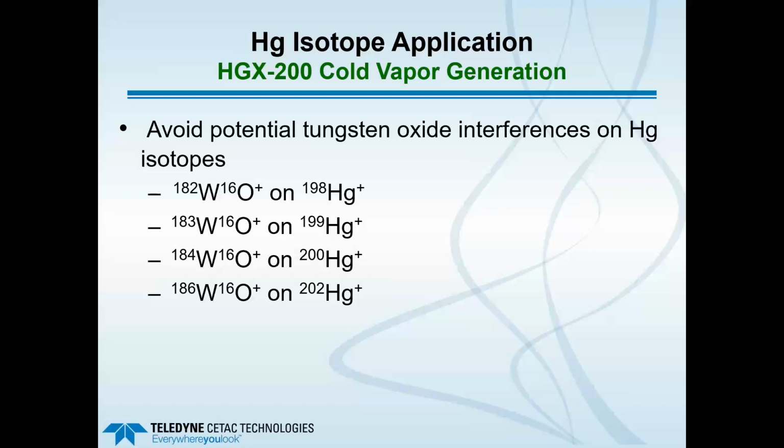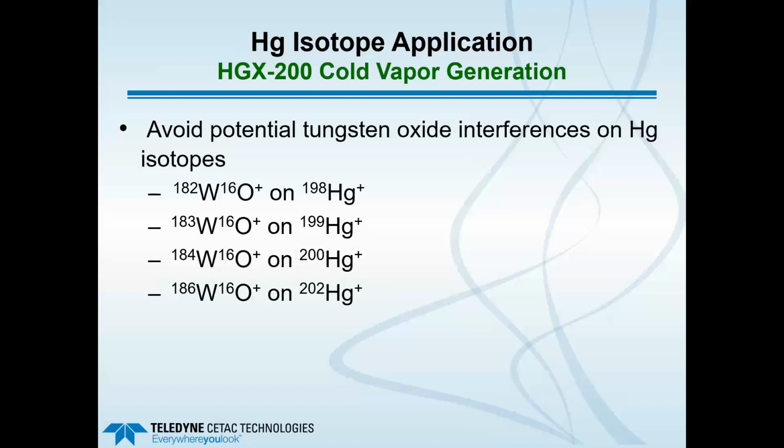And if you are going to use a solution nebulizer, then tungsten, which is, of course, not uncommon in geological samples, can form an oxide, combining with oxygen from injected water from a traditional nebulizer, and you can end up with those oxide interferences on those mercury isotopes. If a device like the HGX-200 is used, the tungsten, of course, does not react.